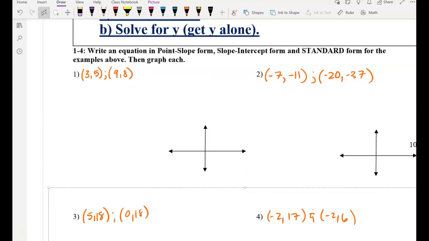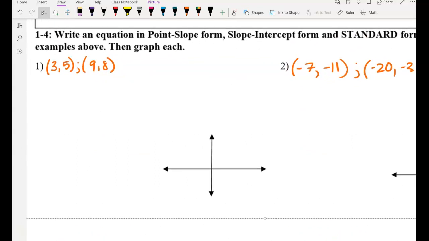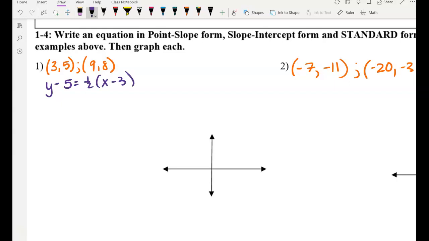Okay, so we got everything down. I took a little break because class started, so now I'm picking up where we left off. I'm just copying down all of the different equations that we found.